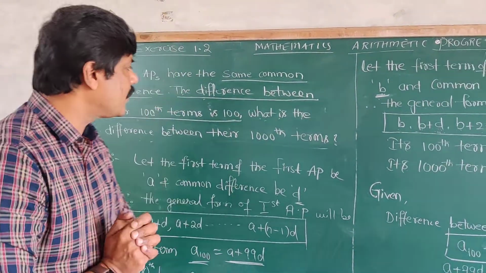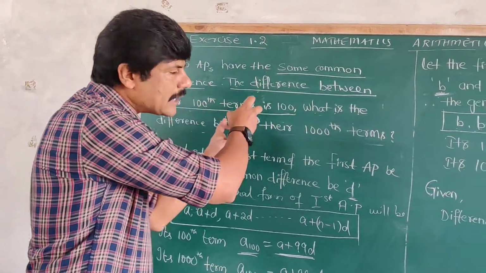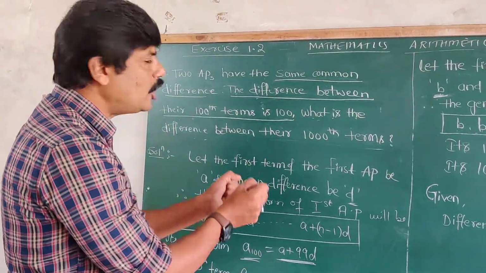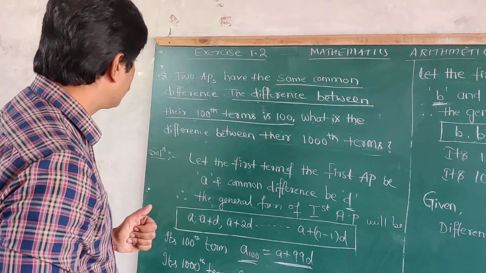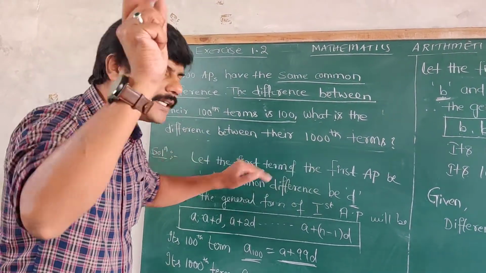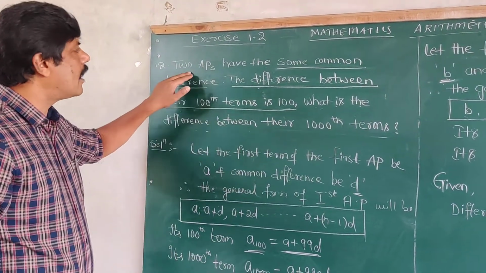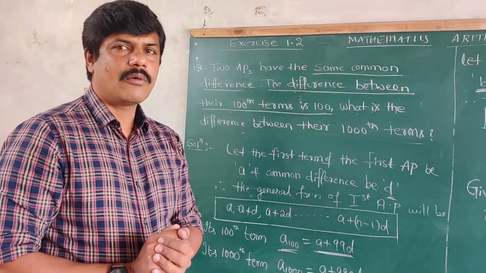Now if you have understood this question, we will extract some valuable parameters from this and then try to find the difference between the 1000th terms. See how many APs there are. There are two APs. What is the condition?